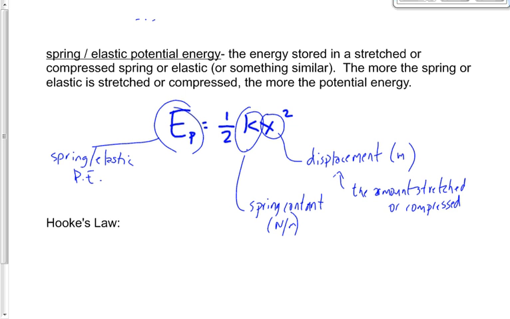Some springs are much stiffer than others, right? Compare compressing the spring in a pen versus the spring in a car. The spring in a car is much, much, much stiffer. It has a much higher spring constant. Therefore, it has the ability to hold much more elastic or spring potential energy. That make sense?